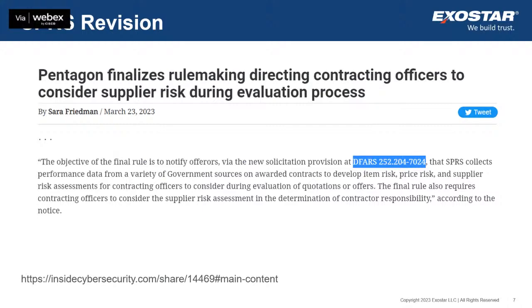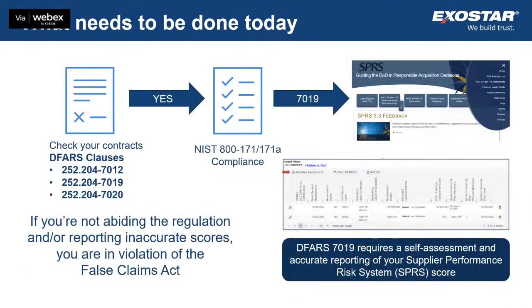Sorry, this was the point I was trying to make earlier. Just because CMMC 2.0 is not in effect today doesn't mean that you don't have to do anything. It's still the case that if you've got DFARS clauses 7012, 7019, or 7020, you are still required to adhere to NIST 800-171 if you have controlled unclassified information.